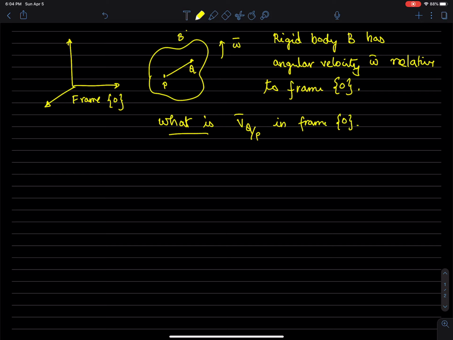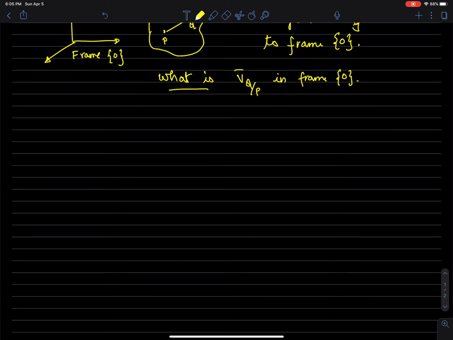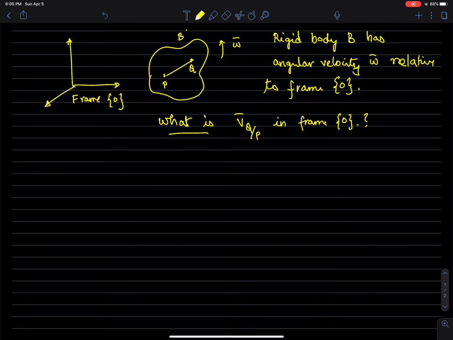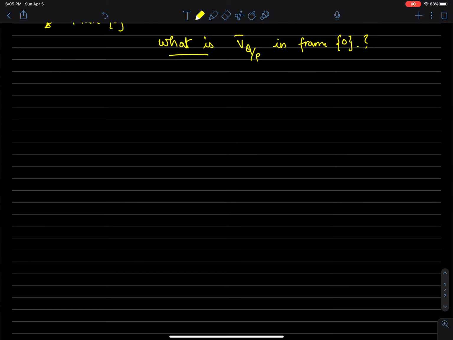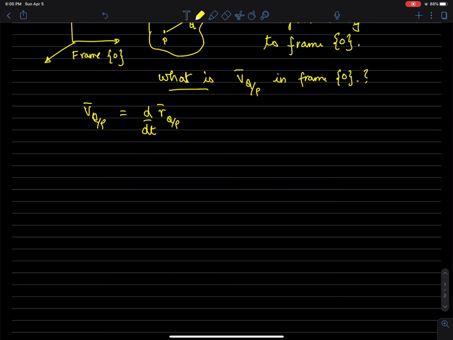Okay, so first of all, we realize that VQ with respect to P is d by dt of RQ with respect to P, the position vector from P to Q.